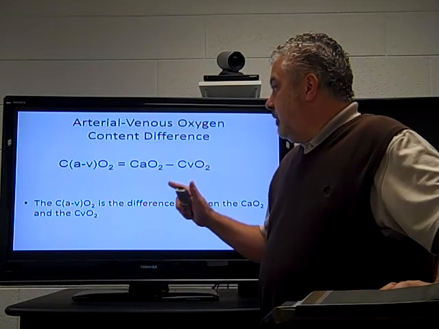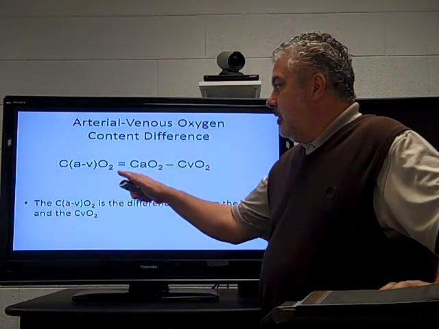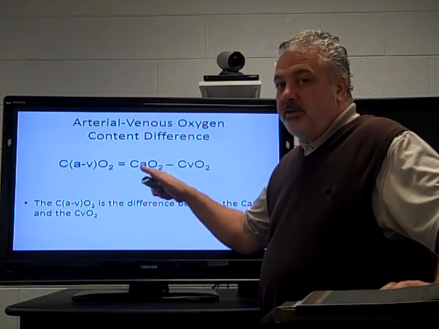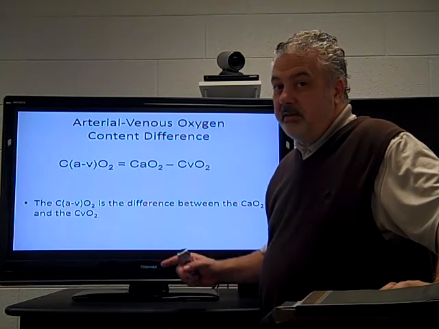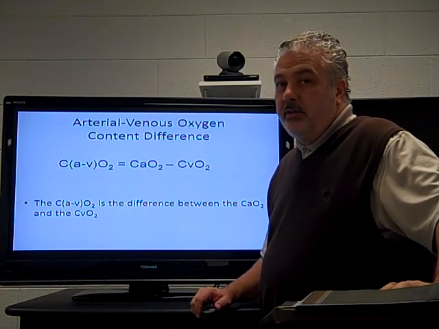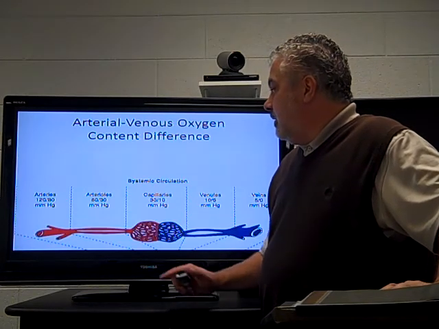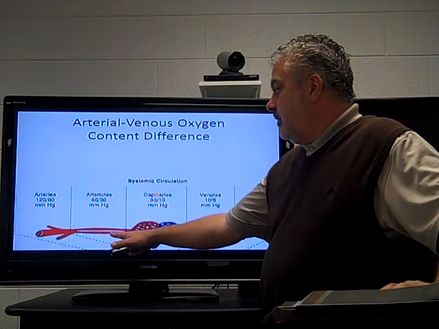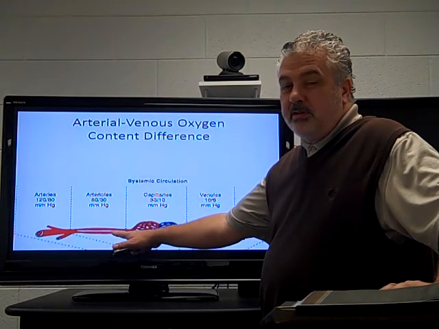Then we can take those two numbers and subtract them and get the arteriovenous oxygen difference, which is basically the amount of oxygen that gets off at the tissues. Or we might call that tissue oxygen consumption. This is an illustration of it in arteries of the systemic circulation.